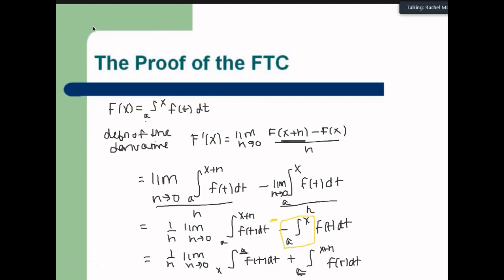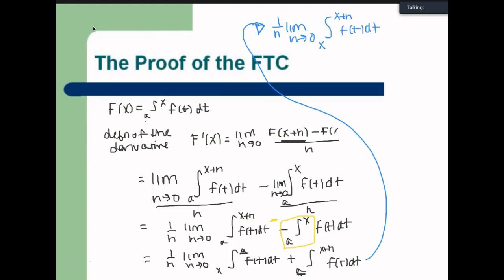I'm going back up top just so I have space. So that's 1 over h, limit as h approaches 0, the integral now from x to x plus h of f of t dt.